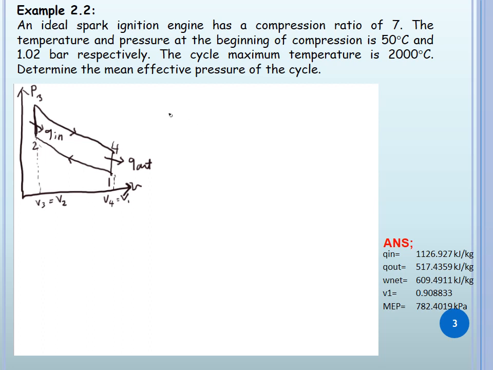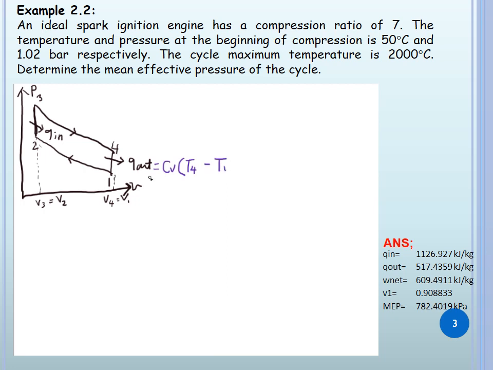This is important. It is easier if you jot down the formulas for all the processes, because Q in and Q out use a similar equation, which is Cv times (T4 minus T1).